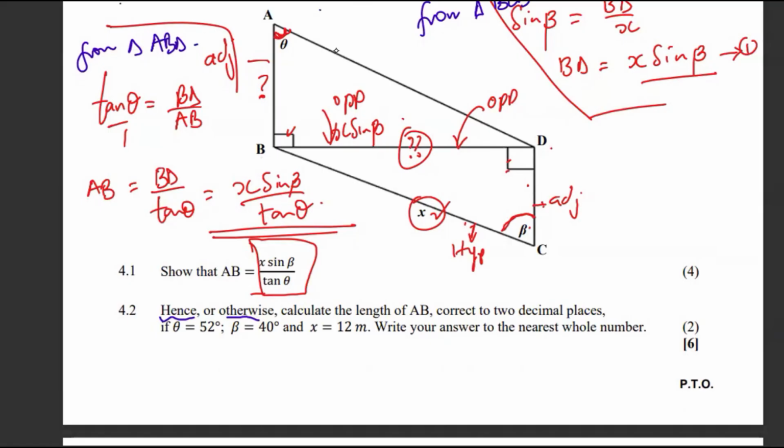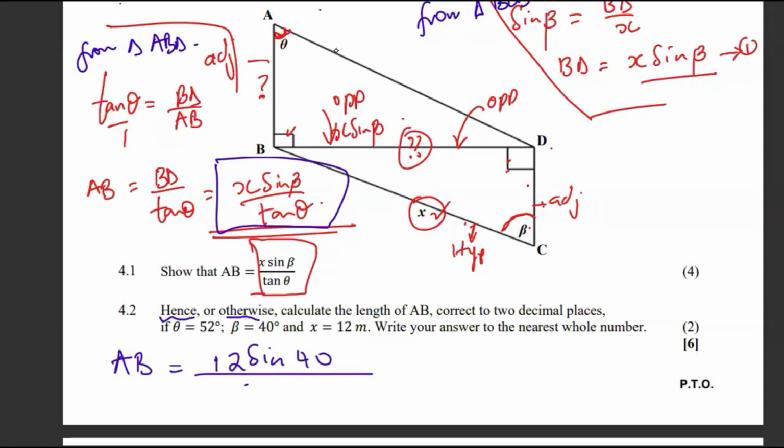So all we have to do here is just substitute into this, okay? Meaning that our AB is going to be x, which is 12, the sine of beta 40 over the tan of 52. Guys, just put this in the calculator straight away. And please, when you're dealing with trigonometry, make it a point that your calculator is set in degrees, because otherwise you'll end up with incorrect answers.